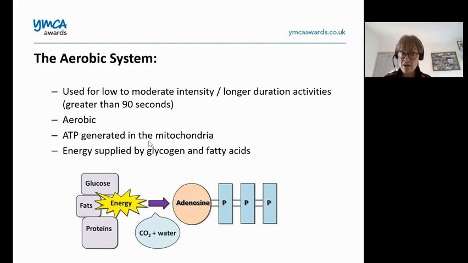The aerobic system uses oxygen, and the ATP is generated in the mitochondria, so the more mitochondria you've got, the more ATP can be generated. The energy is supplied by glycogen, the carb stores, and by fatty acids. If you remember, we said that proteins are only used when these other energy stores have run out. The byproducts here are carbon dioxide and water. The energy provided from the breakdown of glucose, fats and proteins is used to convert ADP back into ATP.